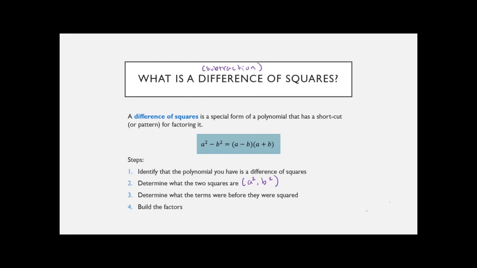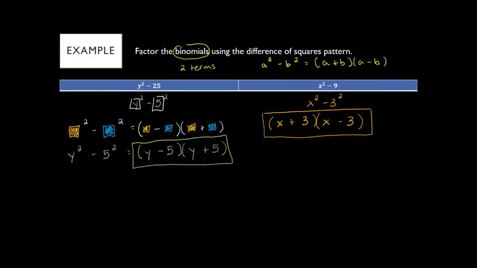Step 1 would be what you're given, the difference of squares. Step 2 would be determining what the things are squared, and step 3, what was squared. Steps 2 and 3 are like the first thing that I've written down on this example, where I rewrote it as y squared minus 5 squared, or x squared minus 3 squared.